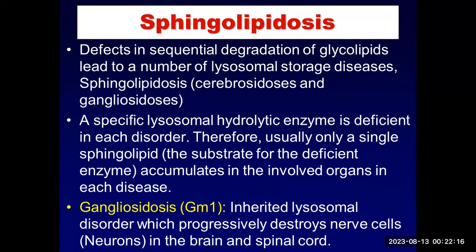A specific lysosomal hydrolytic enzyme deficiency is present in each disorder. Therefore, usually only a single sphingolipid, the substrate for the deficient enzyme, accumulates in the involved organ in each disease. Gangliosidosis, GM1, is an inherited lysosomal disorder which progressively destroys nerve cells in the brain and spinal cord.